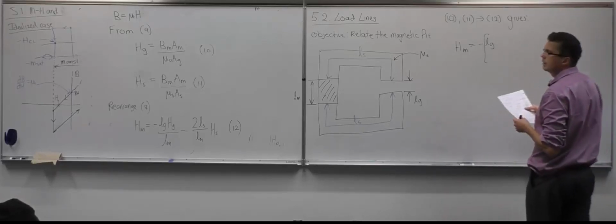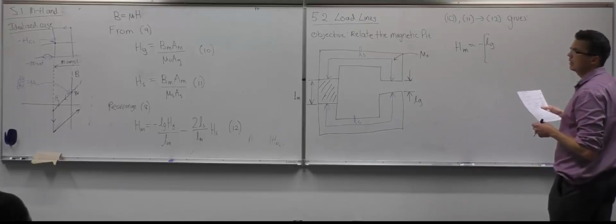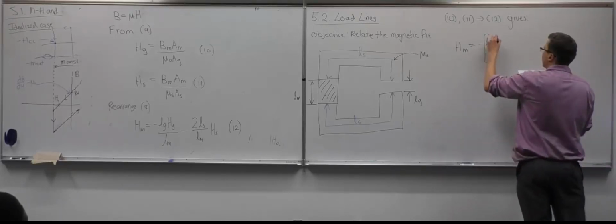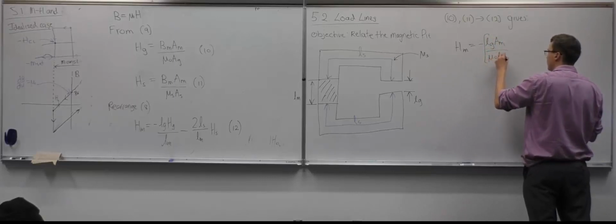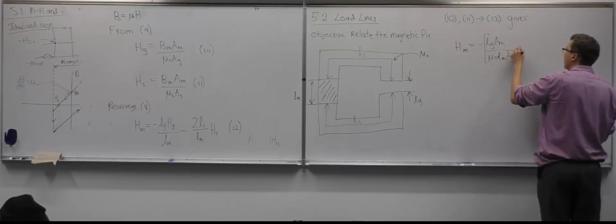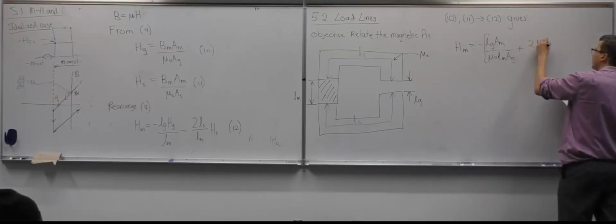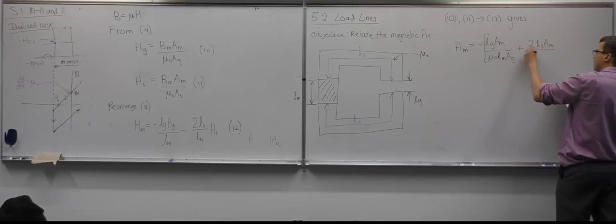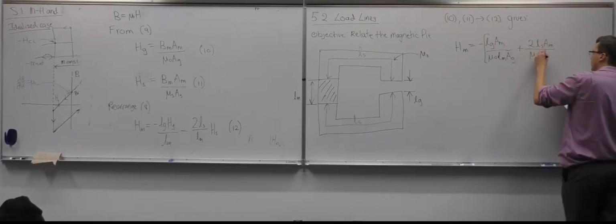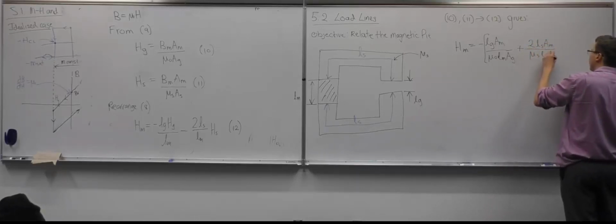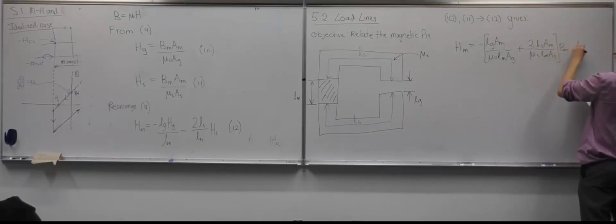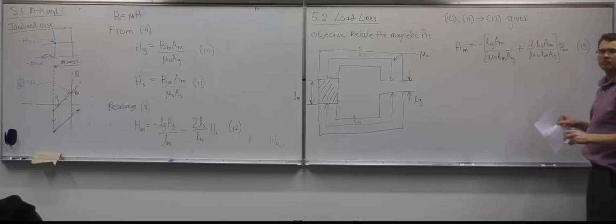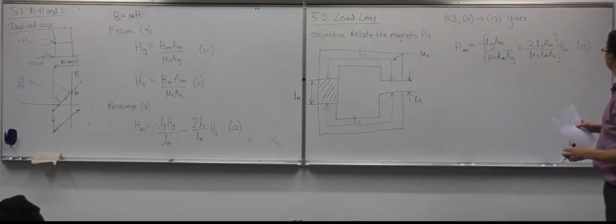So we're going to have Lg Am divided by mu naught Lm Ag plus 2 times Ls Am divided by mu s Lm As, like that. And that's all times Bm. Okay, so that's nice.